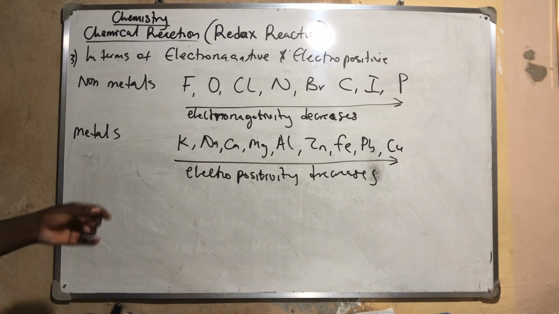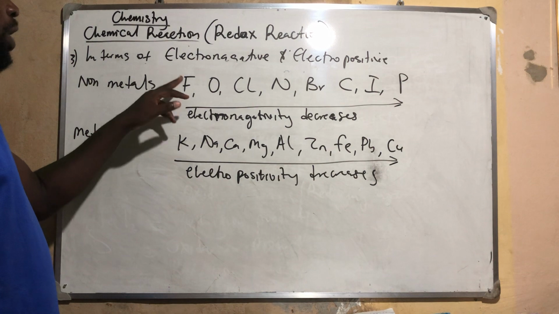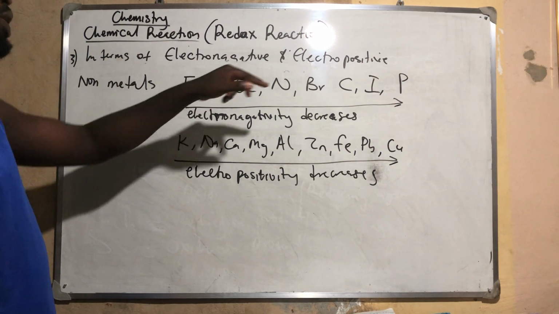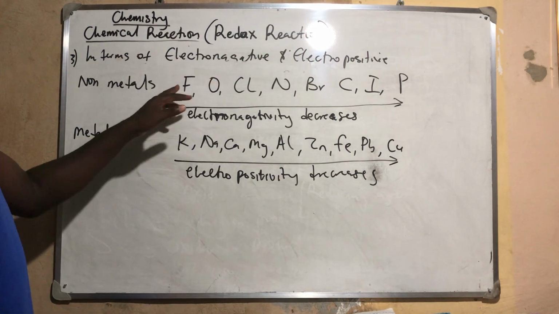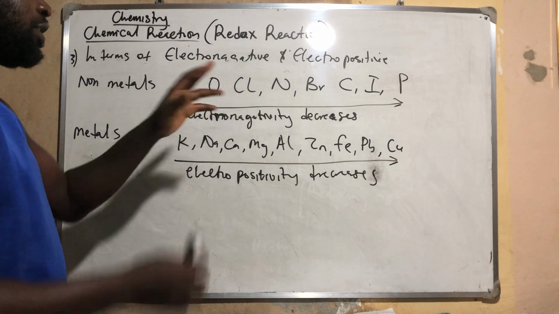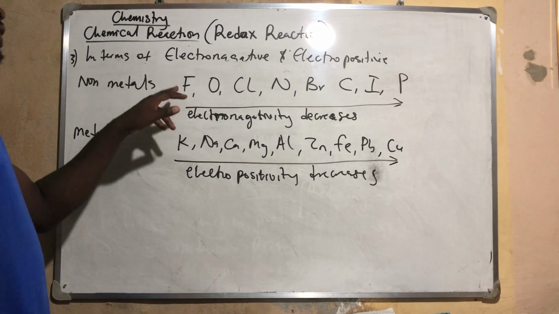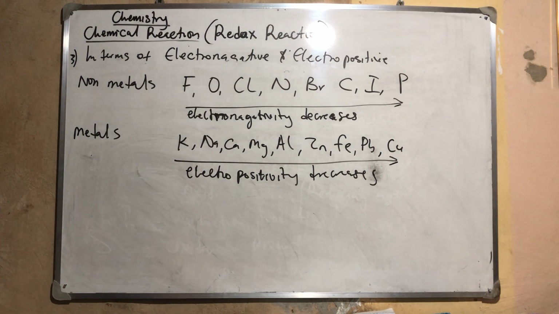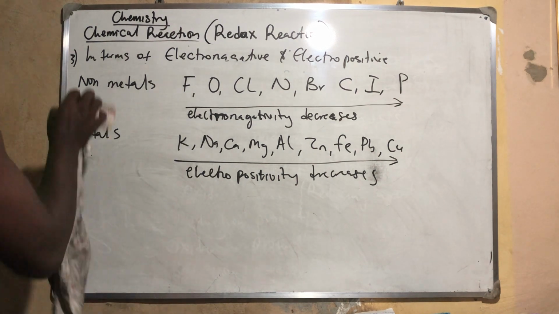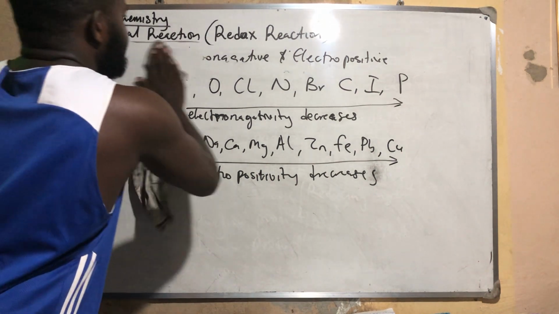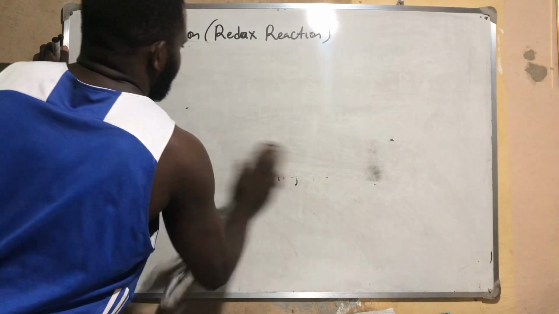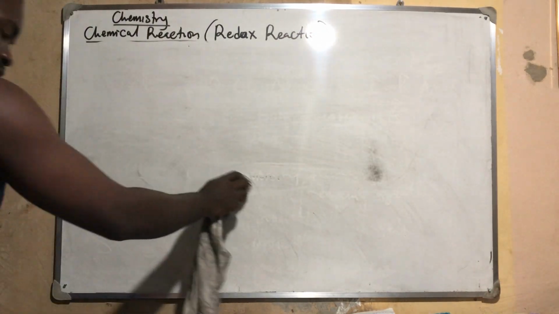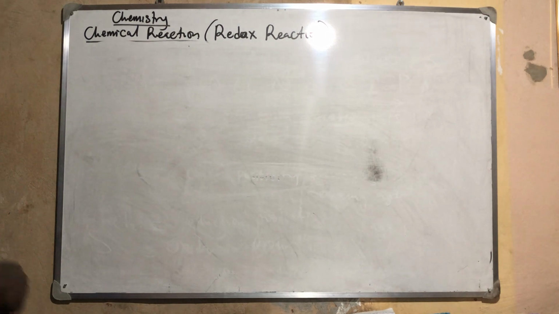Elements that are more electronegative will displace those that are less electronegative, because fluorine will displace chlorine in their compound. Why? Fluorine is more electronegative than chlorine. So just study displacement reaction, it will teach you that very well. But that is not the main thing. We are here to do calculation on redox reaction, but I'm just preparing your mind.